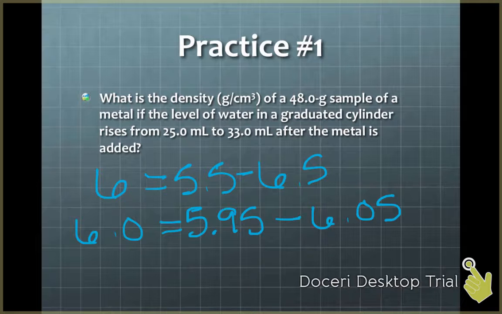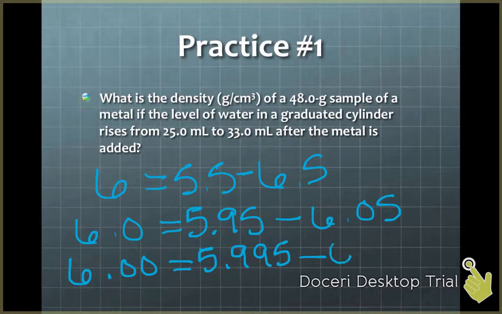And then if we do this again, if we say 6.00, that allows my range to be even smaller, so we could go 5.995 to 6.005. So even though adding those 2 zeros looks like a silly thing to do, it does drastically lower our error. And so we can all see that this is a much smaller range than this. This is a range of 1, whereas the answer has a range of a thousandths place.